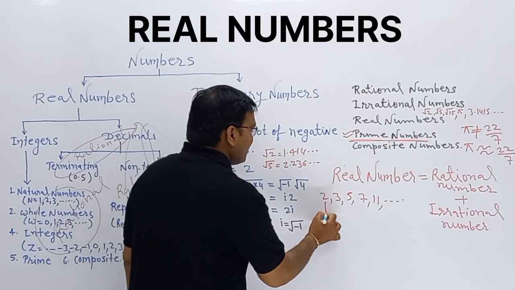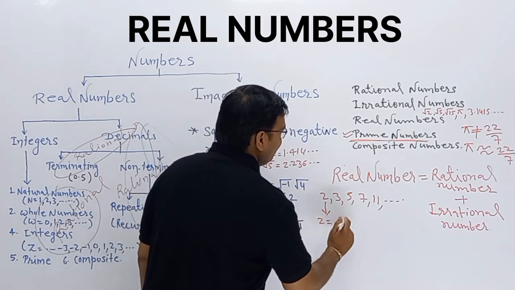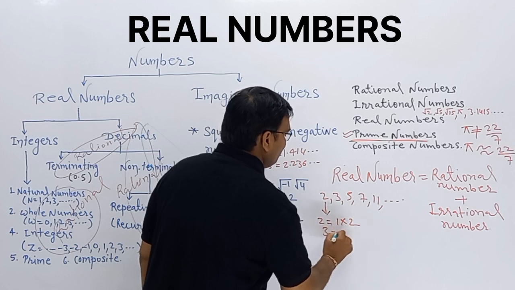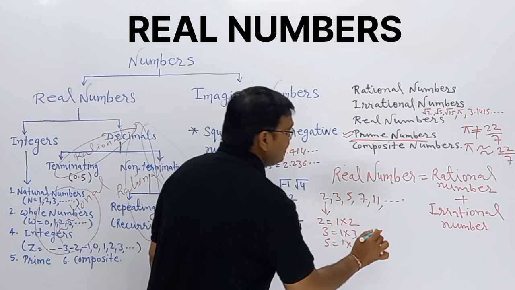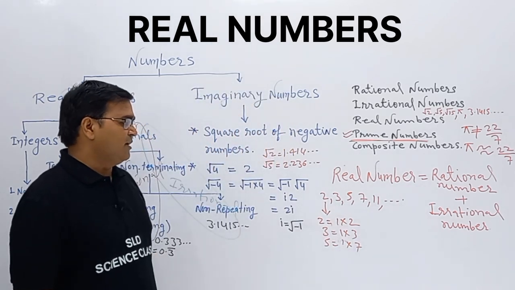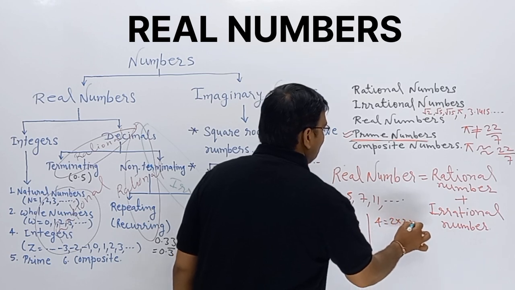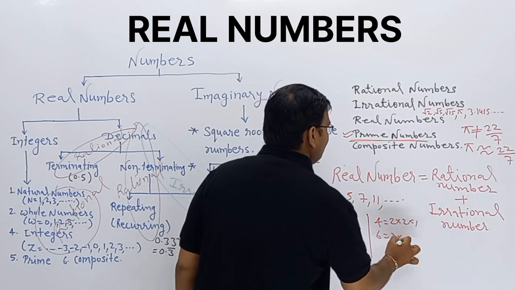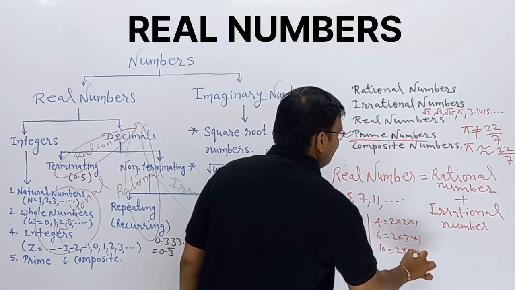Once we factorize these numbers, 2 equals 1 into 2, 3 equals 1 into 3, 5 equals 1 into 5. Any other? Not possible. But some numbers are like this: 4 is 2 into 2 into 1, 6 is 2 into 3 into 1, 10 is 2 into 5 into 1.